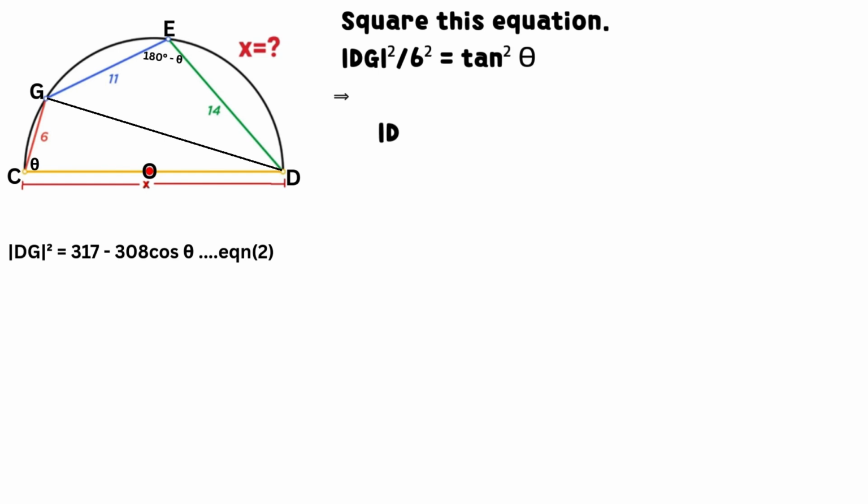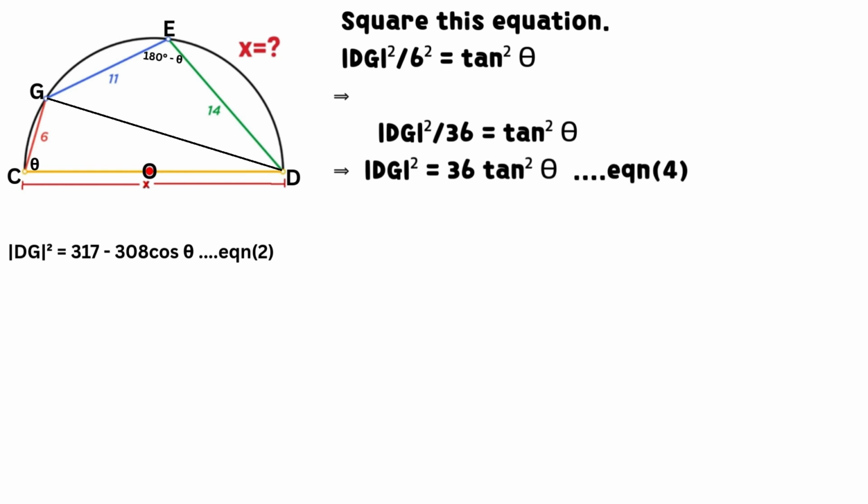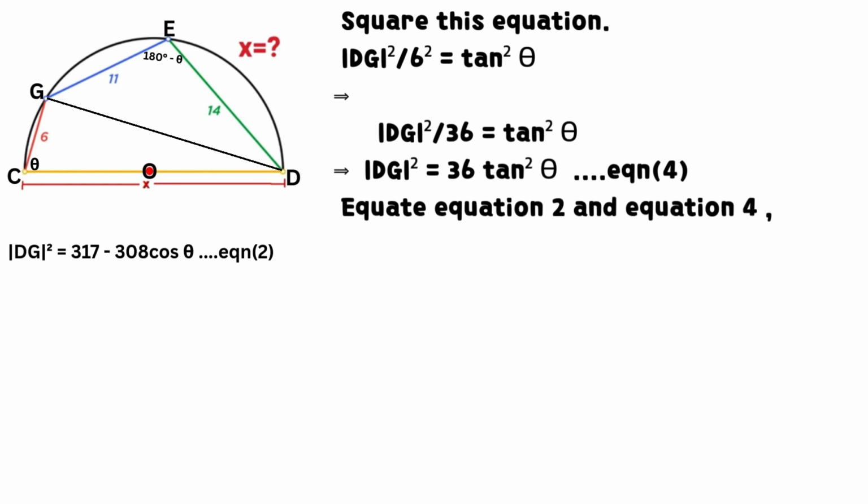The square of line DG divided by the square of 6 equals tan square theta. This implies that the square of line DG divided by 36 equals tan square theta. Hence, the square of line DG equals 36 times tan square theta. We call it equation 4.